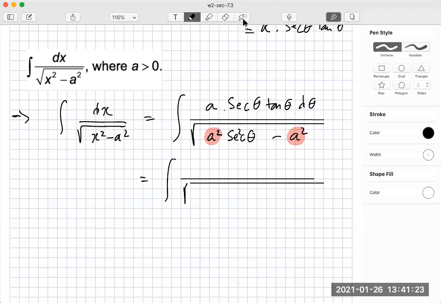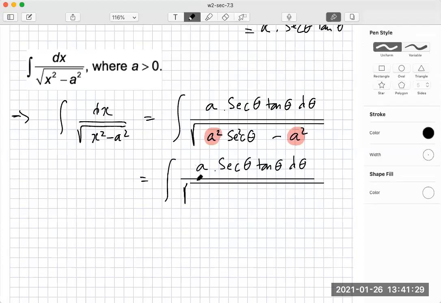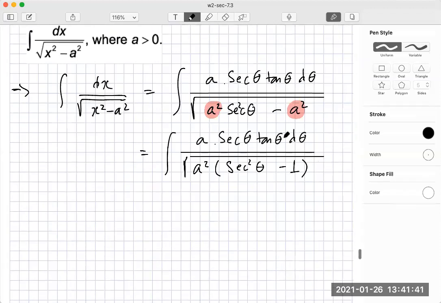Okay, the numerator, we just rewrite it. And here, if we factor a squared out, it becomes secant squared theta minus 1, right? And what is this guy? Yes, right, use that relation.